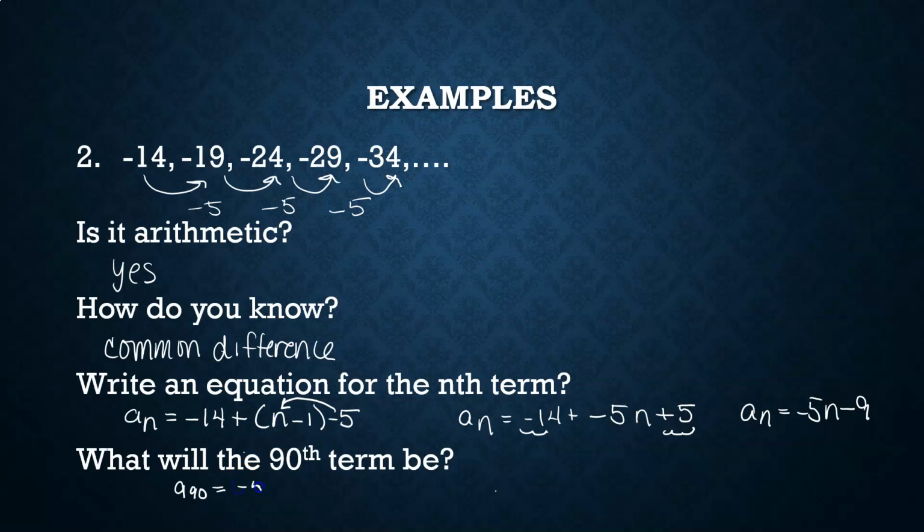So I have negative 5 times 90 minus 9. So then I have negative 450 minus 9. So the 90th term is negative 459.